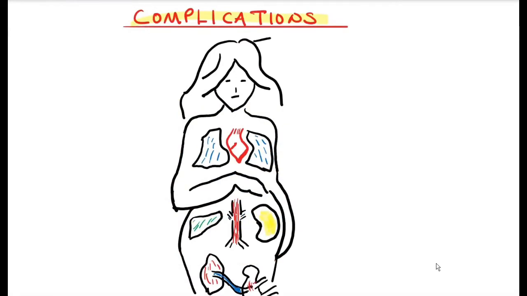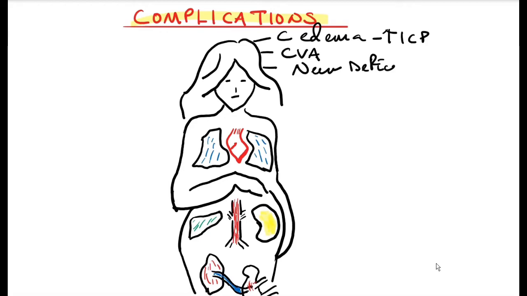Until you come up with the complications of eclampsia. In the central nervous system, you can get cerebral edema, which can result in increased intracranial pressure, cerebrovascular accident, also known as a stroke, neurological deficits. In the eye, partial or total blindness. This is due to retinal detachment or occipital lobe ischemia.